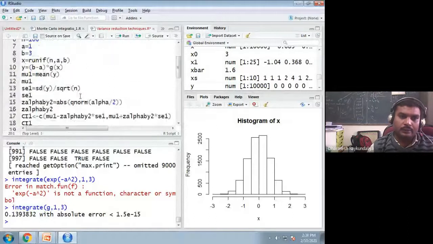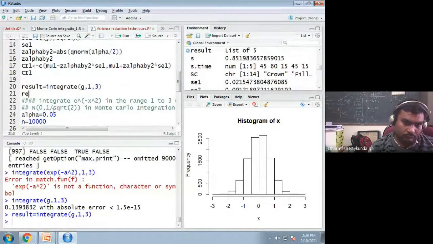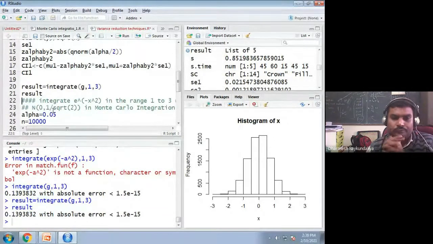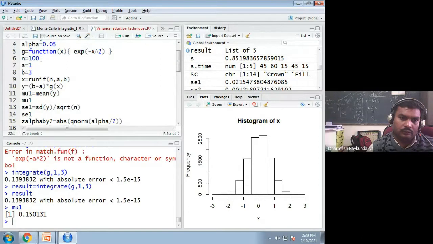Because exact answer if you find, and our new one is that we can improve by just taking the 10,000.